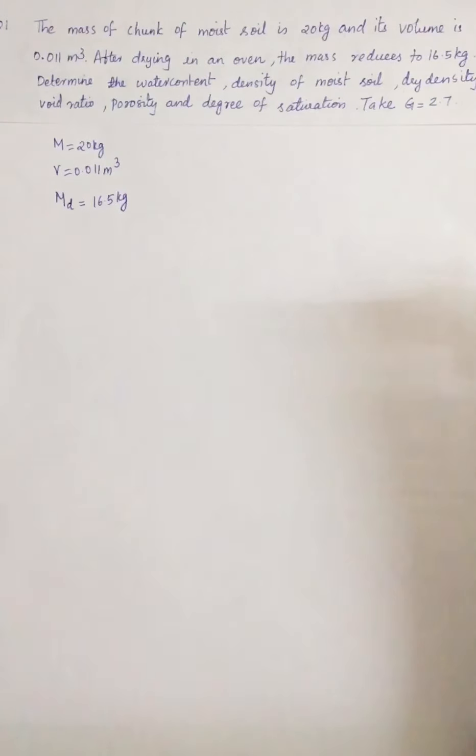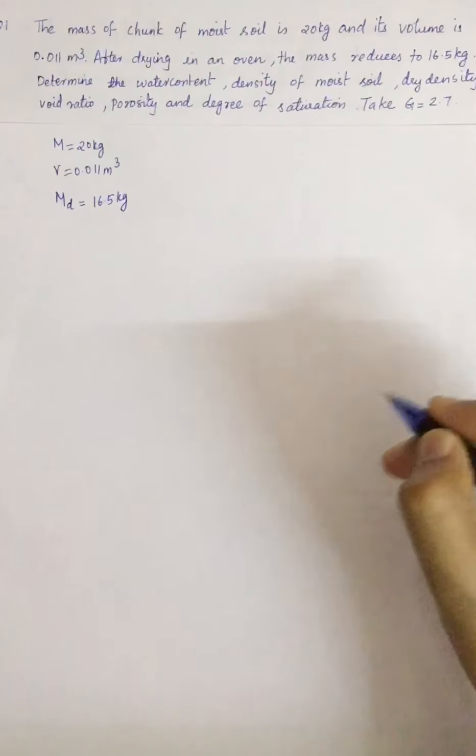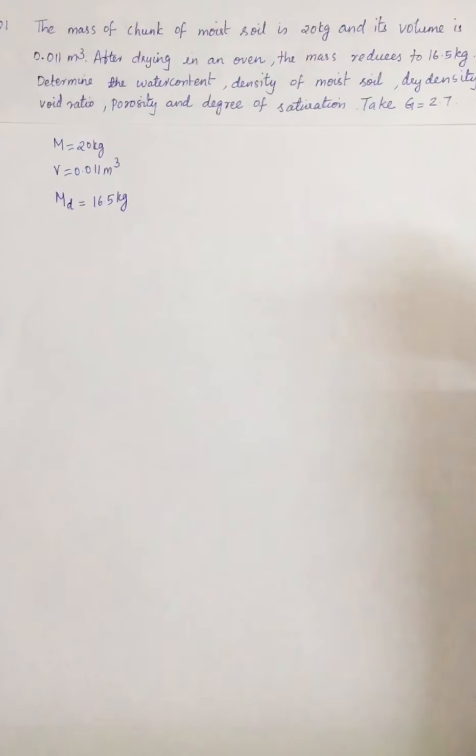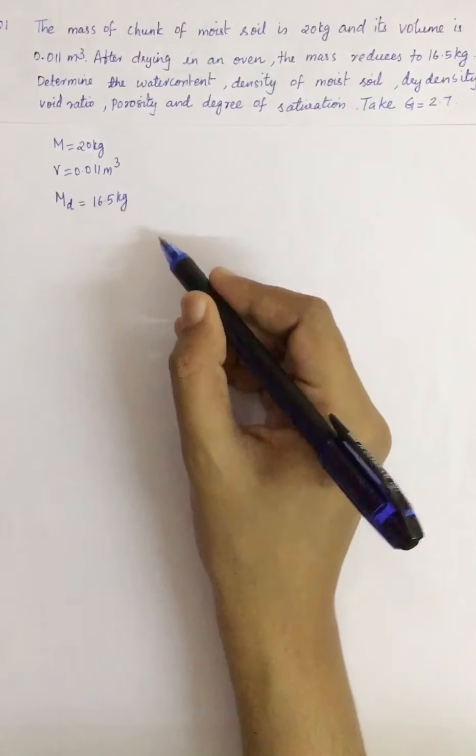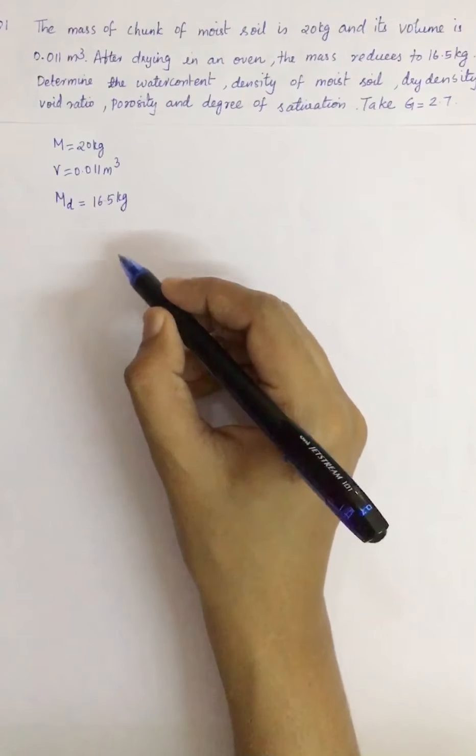Now they asked to find many terms like water content, density of moist soil, dry density, void ratio, porosity and degree of saturation. So from this given data, we can find the mass of the water.